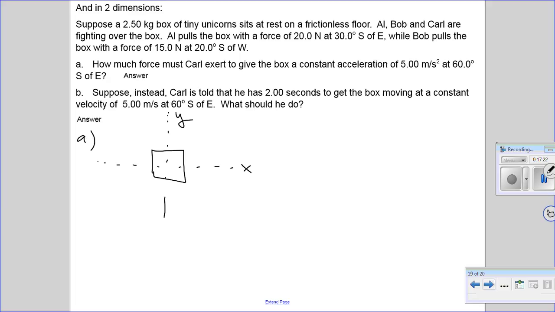Then let's identify what we know. We know that the force of Al is 20 newtons at 30 degrees south of east. So force of Al equals 20 newtons, and this angle here is 30 degrees.